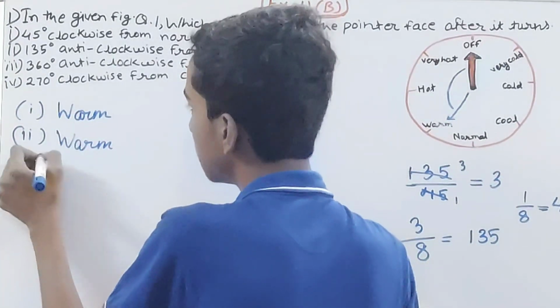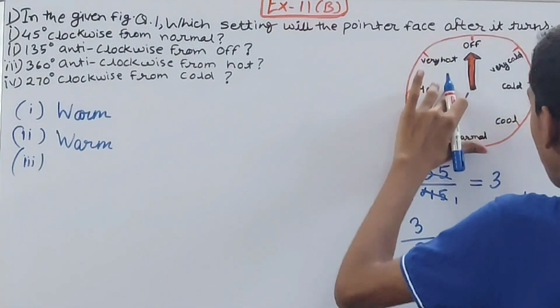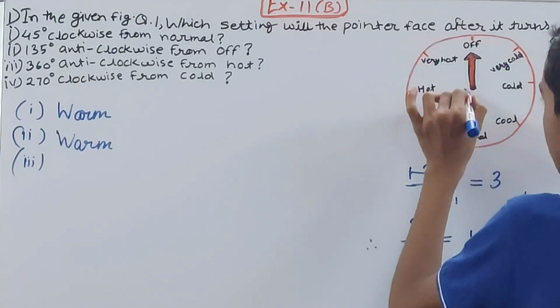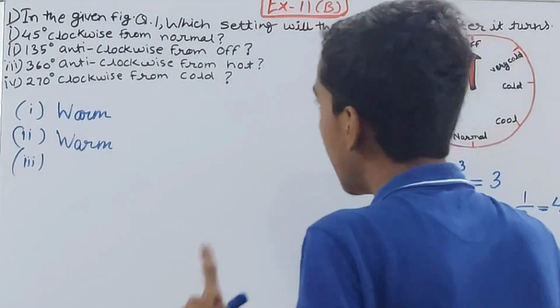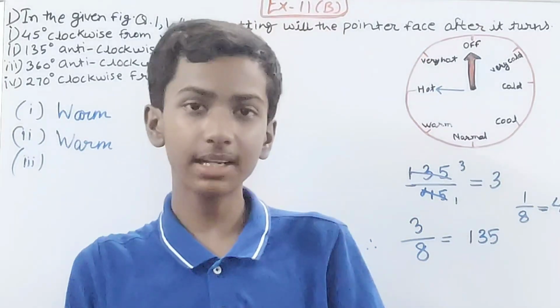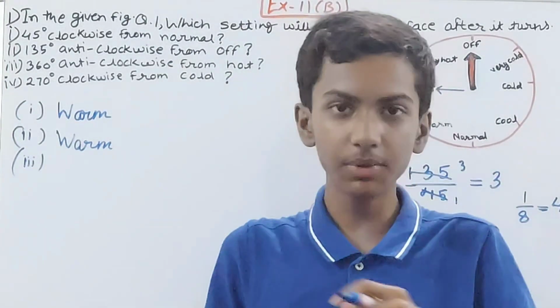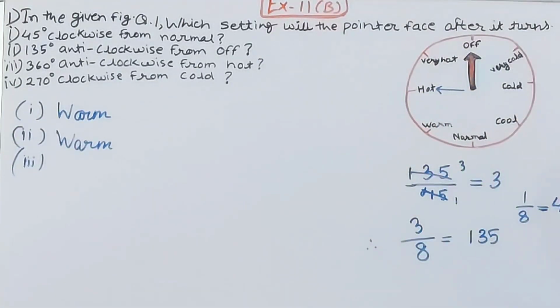Then you have 360 degrees anti-clockwise from hot. Now the pointer is at hot and it has to go 360 degrees anti-clockwise. Anywhere you find 360 degrees, it means a complete rotation, a complete circle is formed after it rotates.